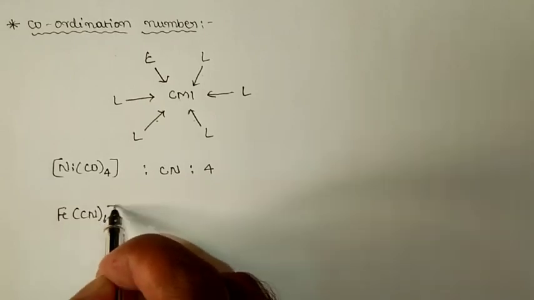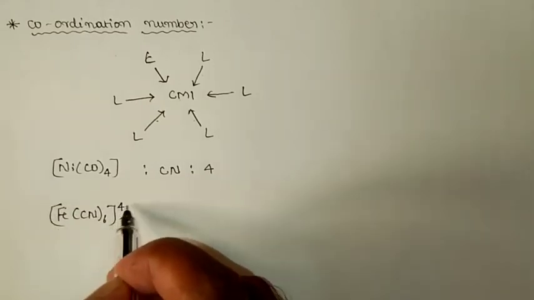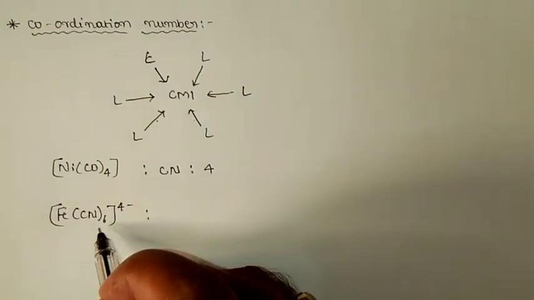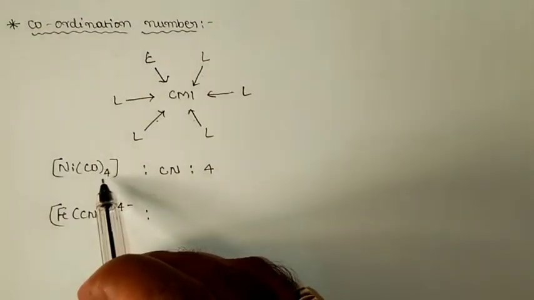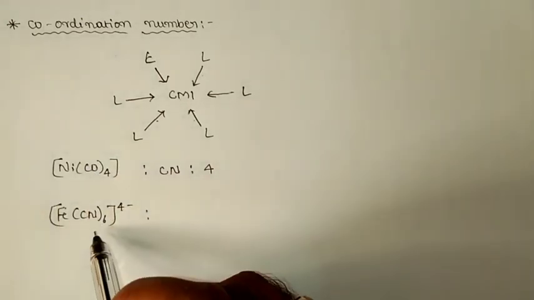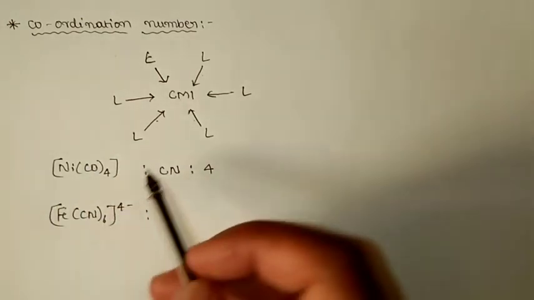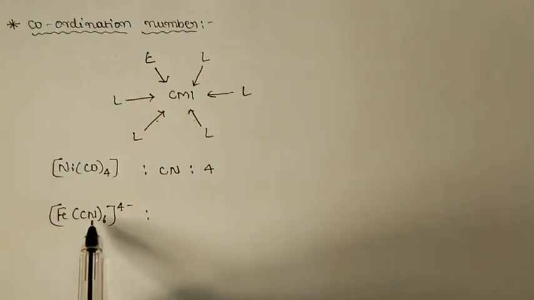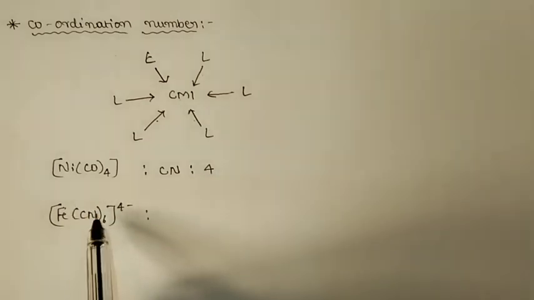And let us consider one more, [Fe(CN)6]4-, with 4 minus negative charge. Here we have taken a complex anion. In the earlier example we considered only the neutral complex, and here it is a complex anion. So here also the central metal ion is iron and the ligands are cyano, and there are 6 cyano ligands, and we know that cyano is once again an anionic monodentate ligand.